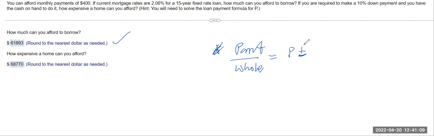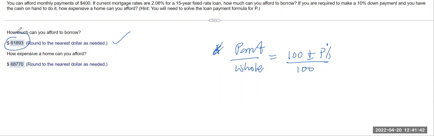So rather we have to do 100 plus or minus the percent, and then this is divided by 100. Now we are looking at using this amount, right? So this is how much this person will be able to afford. So that is the part.